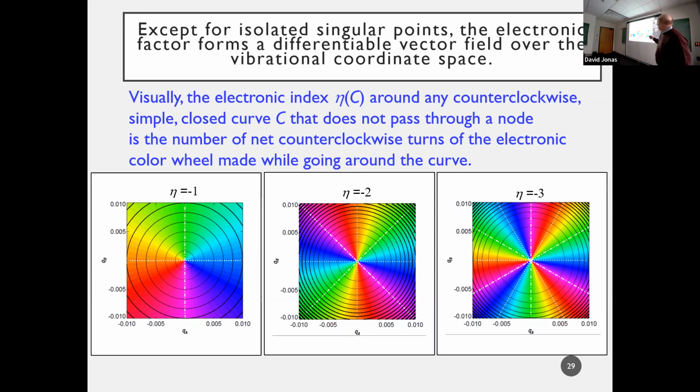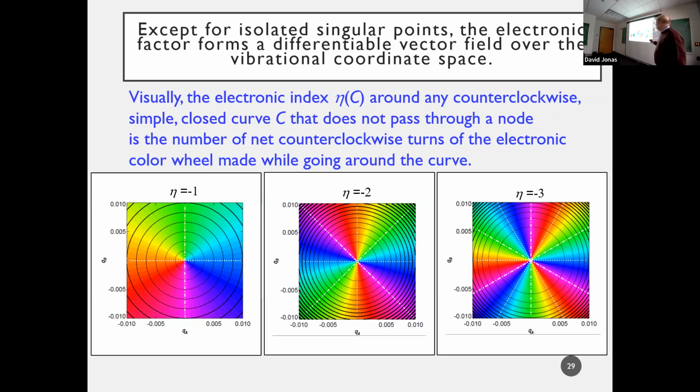And so if we define the electronic index sort of visually without getting into the equations, we can think about it as basically spins around the color wheel. And the reason that we can start using some results from geometry is that except for isolated singular points, the electronic factor forms a differentiable vector field over the vibrational coordinate space.